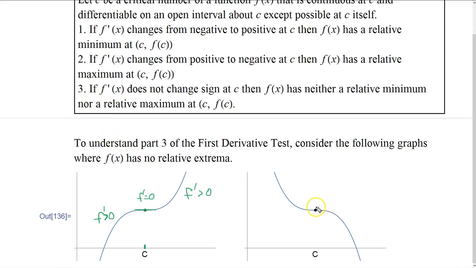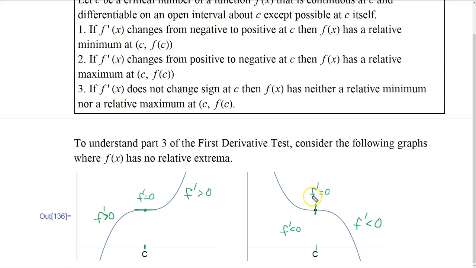On the other hand, we could have something like this. This is similar. Notice right here c is a critical number because our derivative is equal to 0 at c. And notice to the left of c, our function is decreasing, so that means that our derivative is negative. And to the right of c, it continues to decrease, so our derivative is still negative.